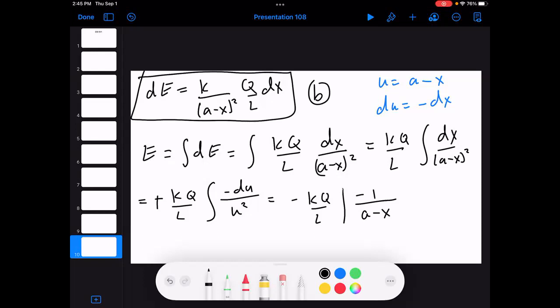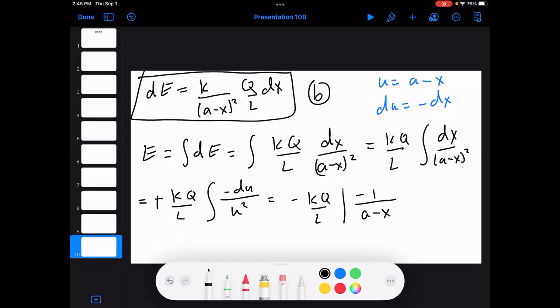If anybody wants to yell about it, now is the time. It's really negative 1 over U, but U is A minus X.